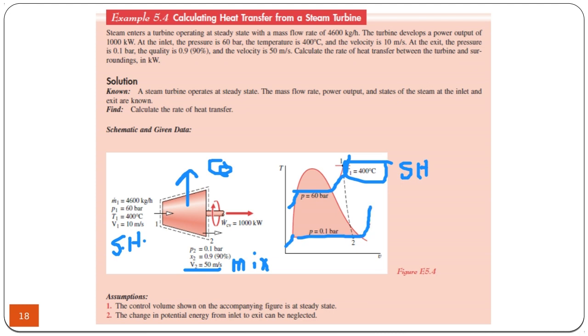And because the exit quality is 0.9, we understand that it's in the region which we call mixture, because the quality is less than 1. It's not saturated or superheated. It's a mixture.